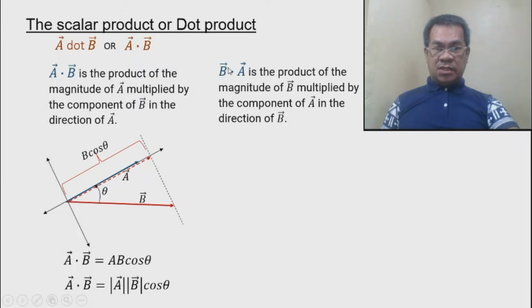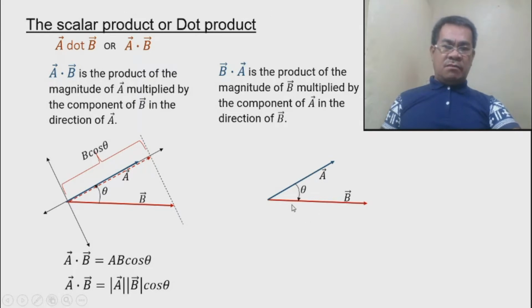It should be the magnitude of b multiplied by the component of a in the direction of b. So this time, a has the component with respect to b. In the other one, b has the component with respect to a. Vector a should have the component with respect to b. When we say with respect, parallel and perpendicular. This one is parallel and this is the perpendicular.